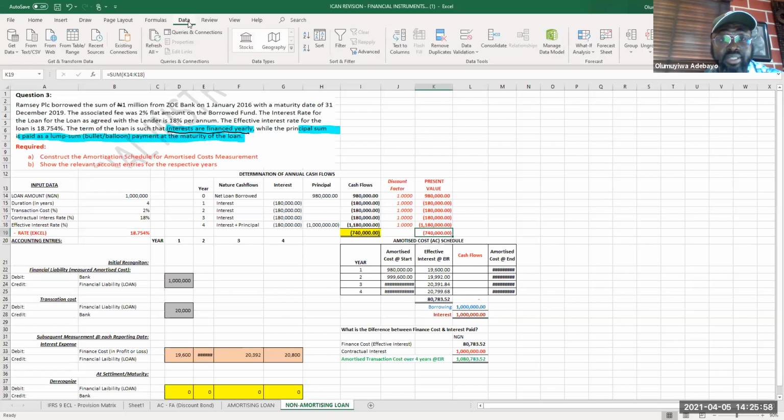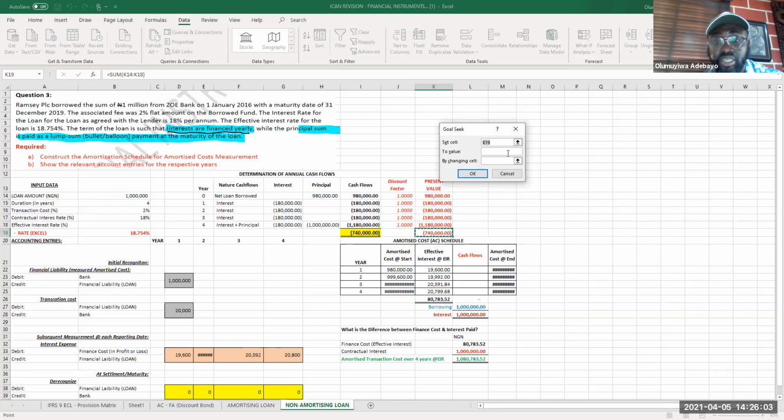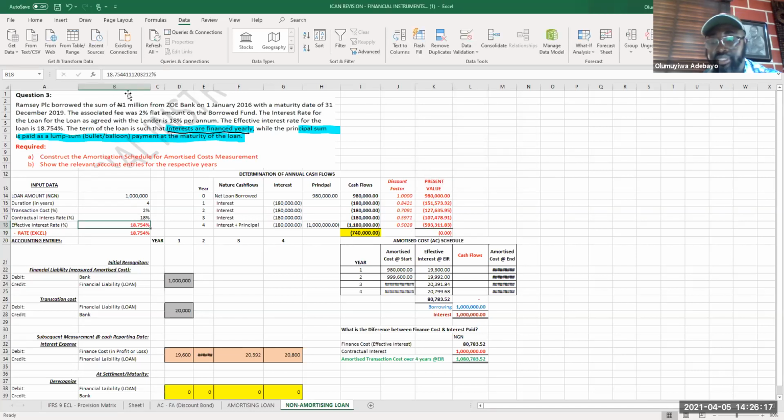I'll come here, Data, What-If, Goal Seek. The goal is to make this amount 740 to be 0. And what should influence that is my parameter, which is a variable here. And once I click it, it gives me my value to the nearest and last decimal in percentages. And that's how we got that. And this one is Goal Seek.